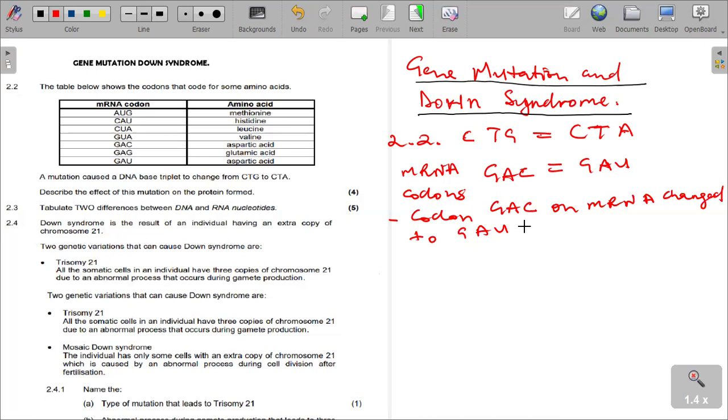Both codons code for the same amino acid.